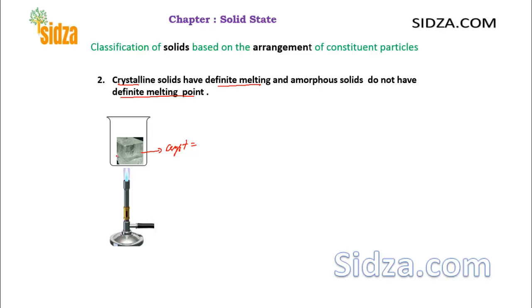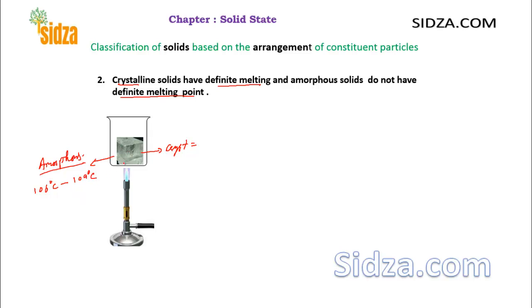But if the solid here is an amorphous solid, then you will see the solid starts melting at one temperature and it completely melts at another temperature, right? Means it has a melting point range. Suppose, just as an example, the substance starts melting at 106 degrees Celsius, and the whole solid melts completely at 109 or 110 degrees Celsius.